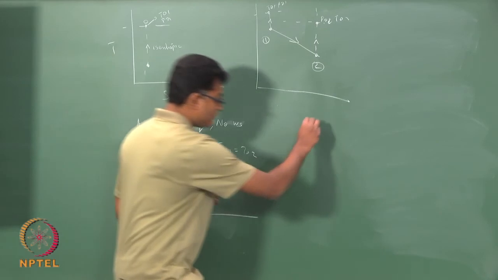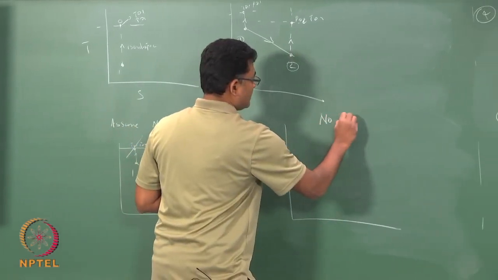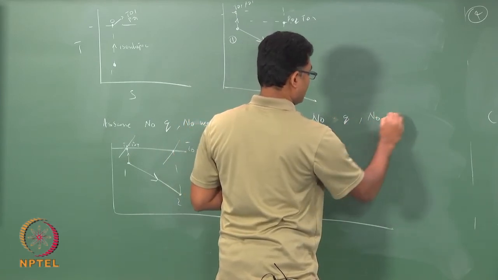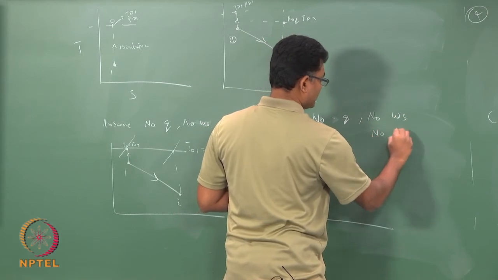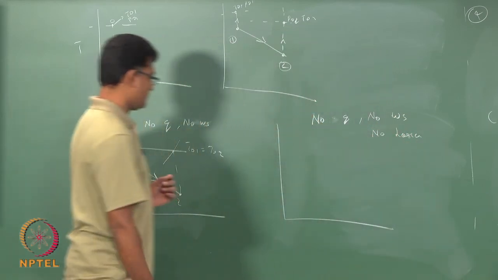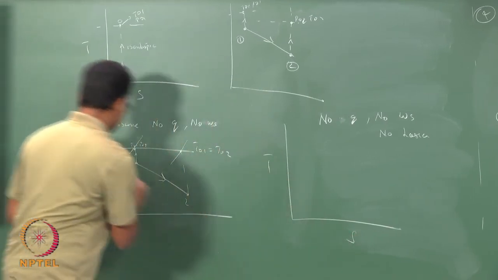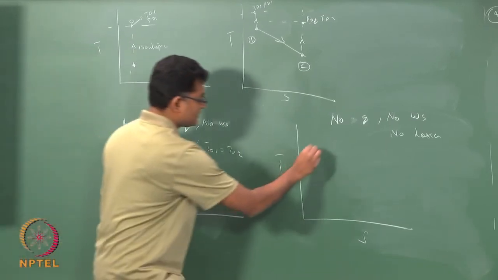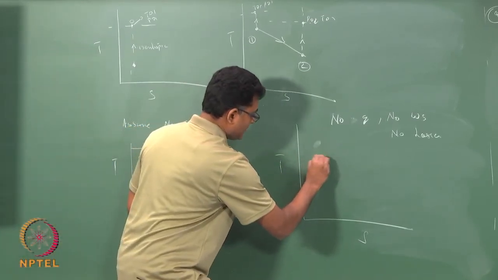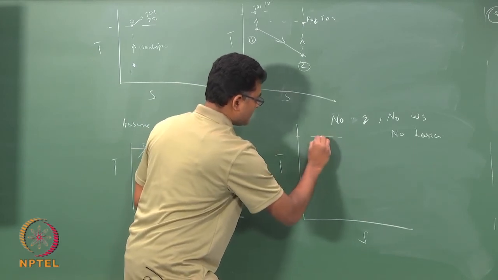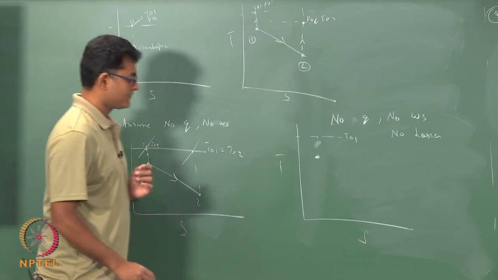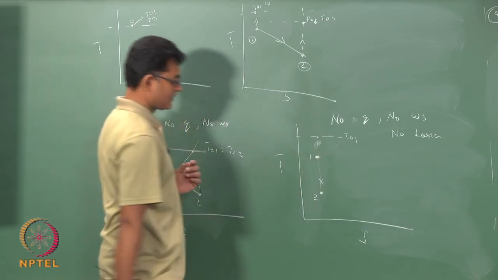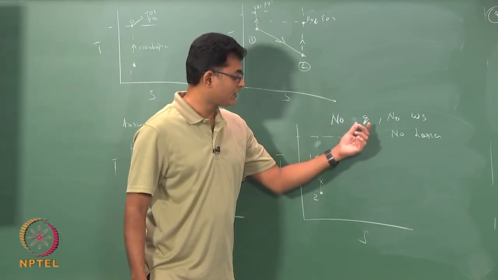Now, if I also assume my losses to be 0, no Ws and no losses, then in the TS diagram, process 1 is taken to state 2 isentropically, with no shaft work, no heat transfer and no losses.